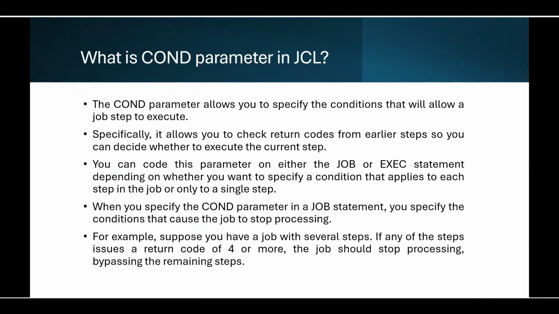Especially it allows you to check return codes from earlier steps so you can decide whether to execute the current step. You can code this parameter on either the JOB or EXEC statement depending on whether you want to specify a condition that applies to each step in the job or only a single step.